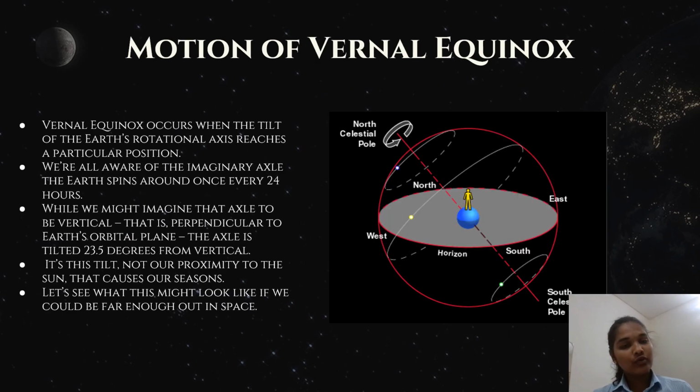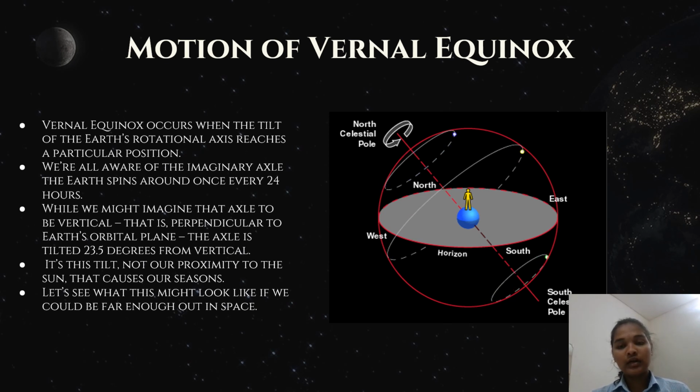And now the motion of the vernal equinox. The vernal equinox occurs when the tilt of the Earth's rotation axis reaches a particular position. We are aware that the Earth spins around its imaginary axis once every 24 hours.